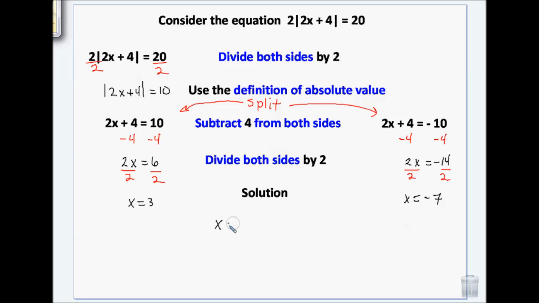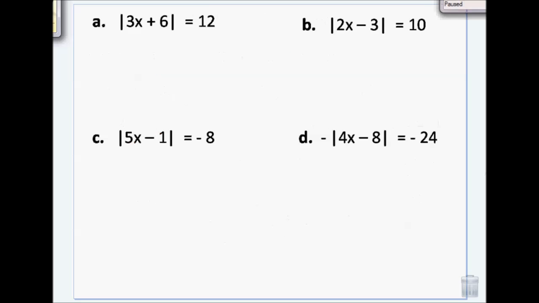So my solution is x equals 3 or negative 7. I'm going to split this. And again, the only difference between them is that one of them is equal to positive, the other one's equal to negative.